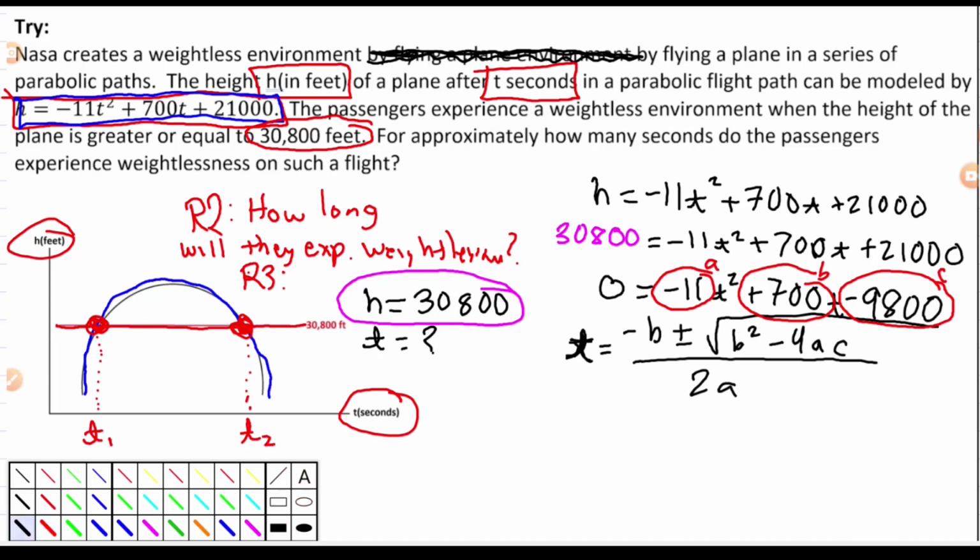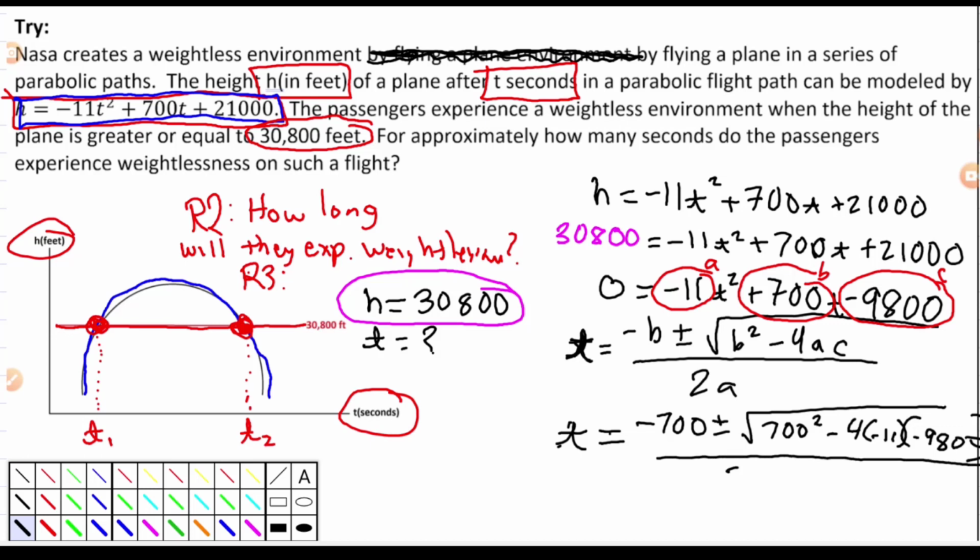So let's go ahead and substitute in. t is equal to negative, what is b? 700. So negative 700 plus or minus the square root of 700 squared, minus 4 times a, which is negative 11, times c, which is negative 9,800.